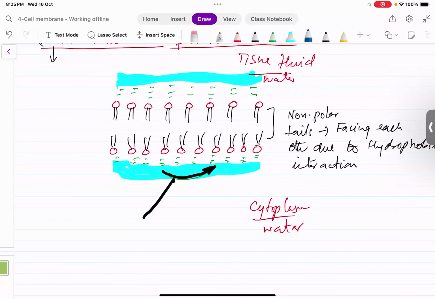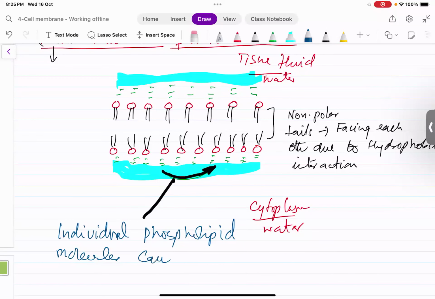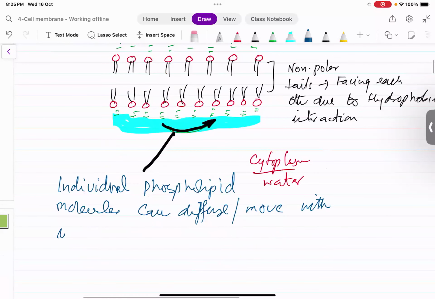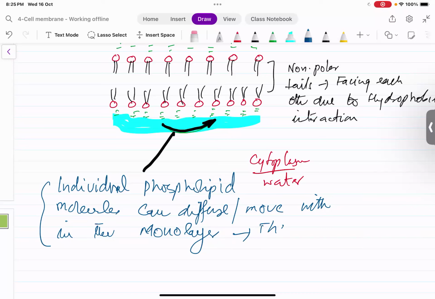Individual phospholipid molecules can diffuse or move within the monolayer. So that is why this is fluid in nature.